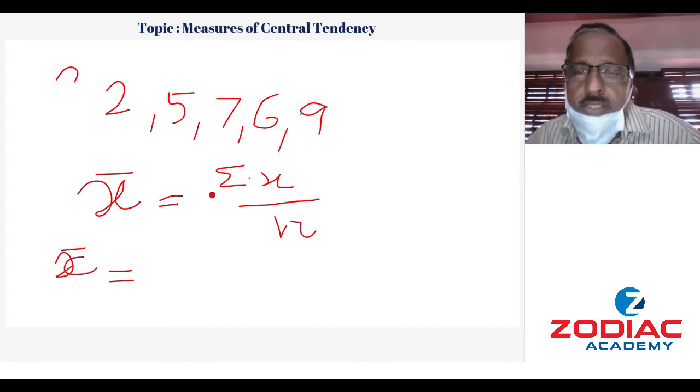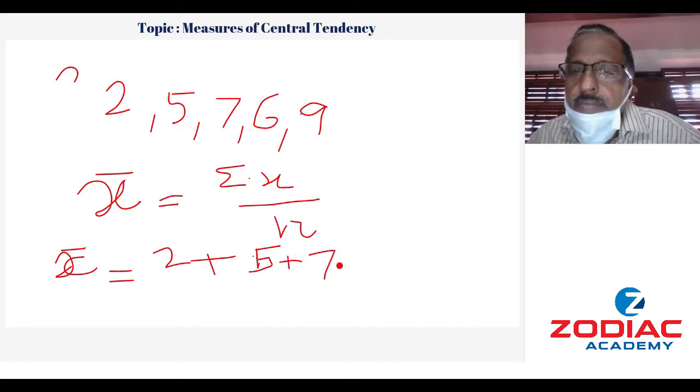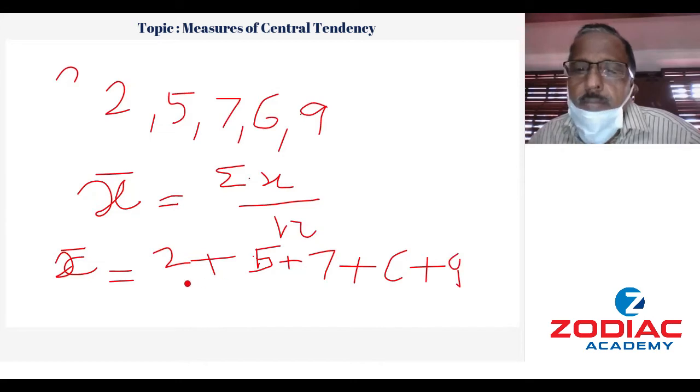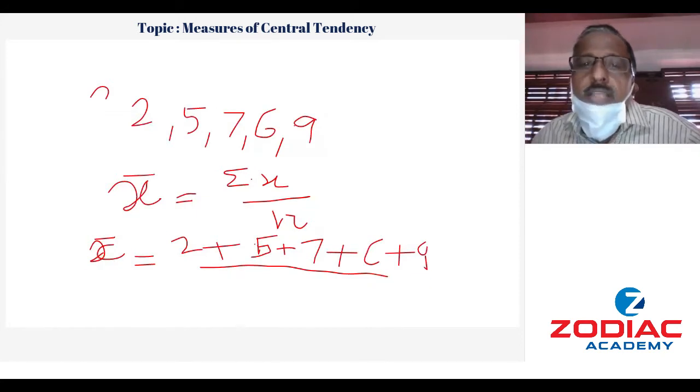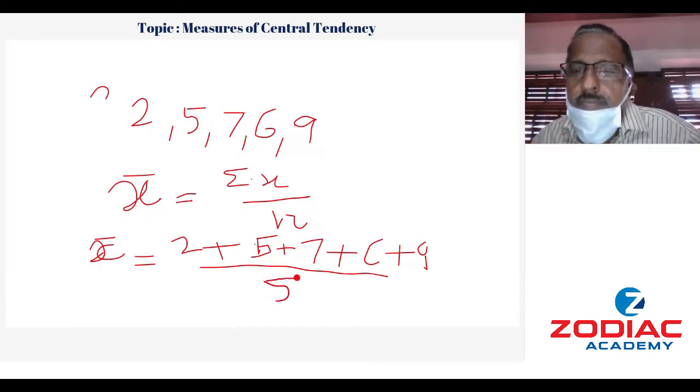That is 2 plus 5 plus 7 plus 6 plus 9, all divided by the number of observations. Here n is the number of observations, which is 5.